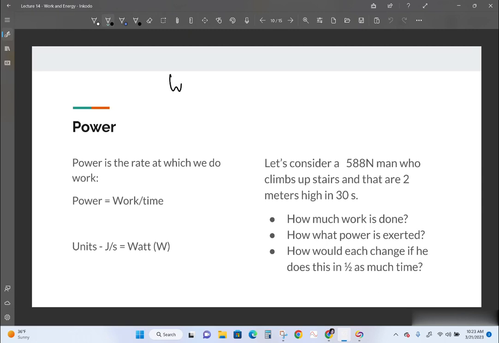So the work done in both instances, whether we walk up the stairs or run up the stairs, is always going to be 588 newtons times 2 meters, which is going to be 1.18 e to the 3 joules. In any case, whether they run, jump, whatever, as long as it's the same weight, the same distance.